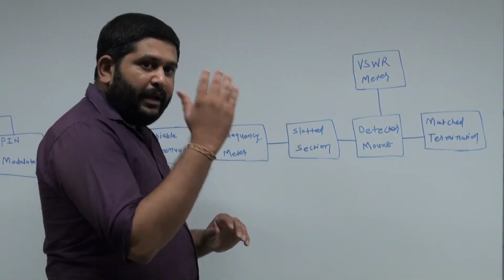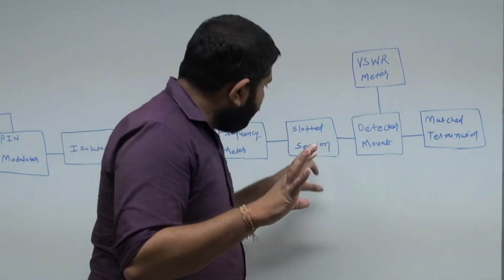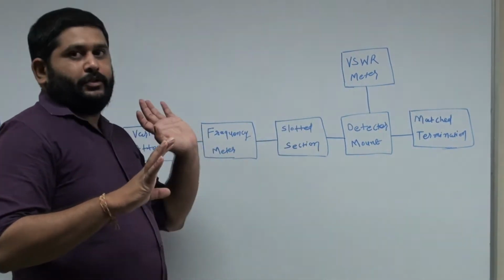A standing wave contains maxima and minima positions, and that will be found using the slotted section.